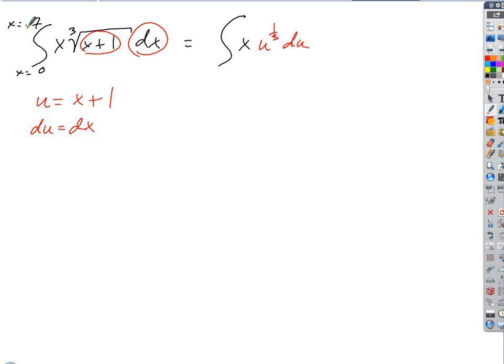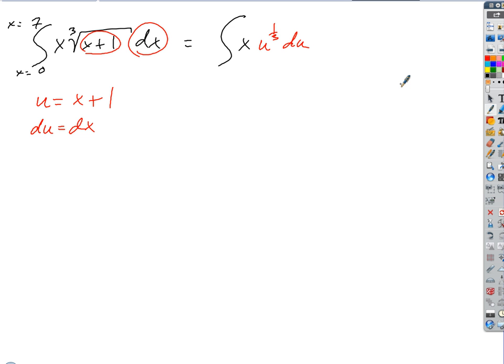Remember the shortcut here. We could take the long road, keeping our limits in terms of x, finding the antiderivative in u, and converting back to x's to evaluate. Much easier is to convert our limits of integration from x's into u's, so we don't have to go back.